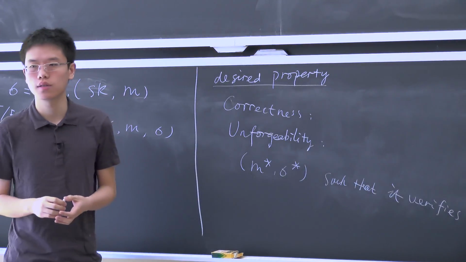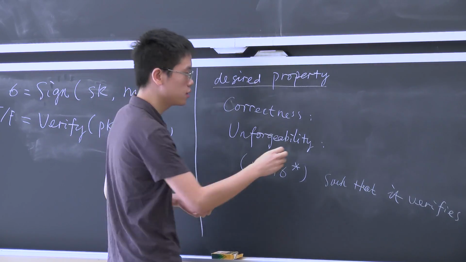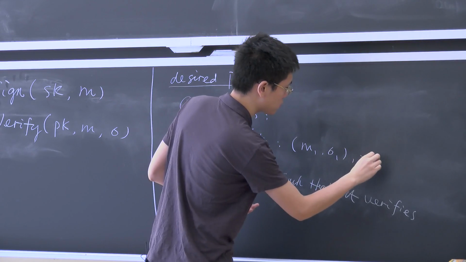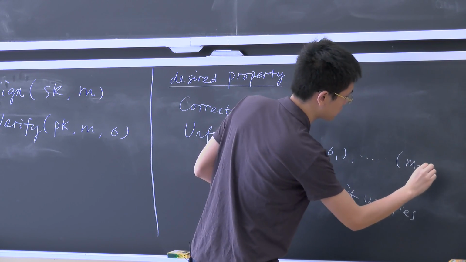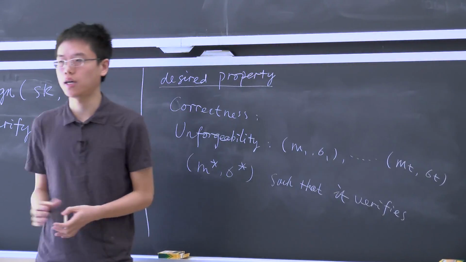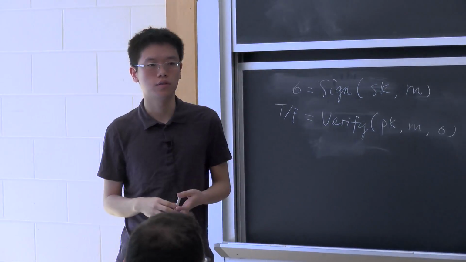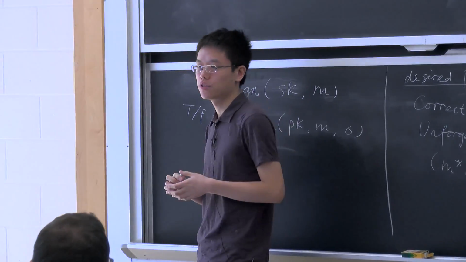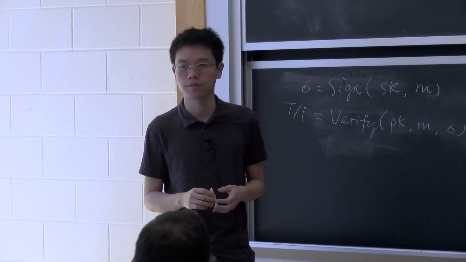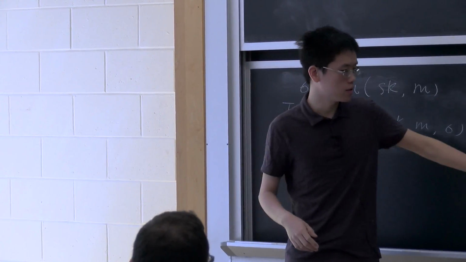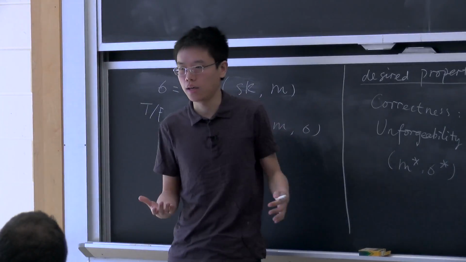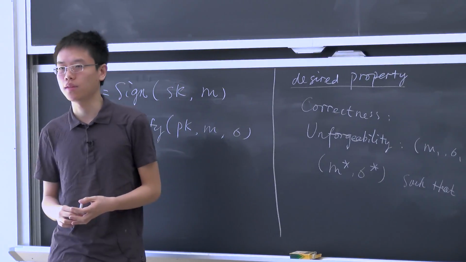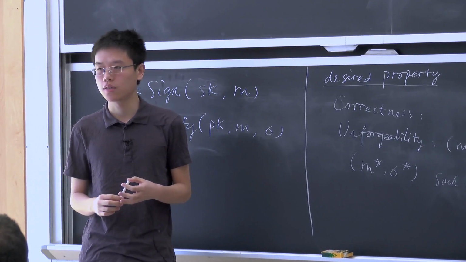It's totally reasonable for an adversary to see a bunch of messages from me, because I am signing messages and outputting them to the world. So an adversary may have seen some of the message signature pairs I generated, but still we do not want it to create a forgery. Then how is that defined? Because he can definitely send one of these back. That's a valid message signature pair.